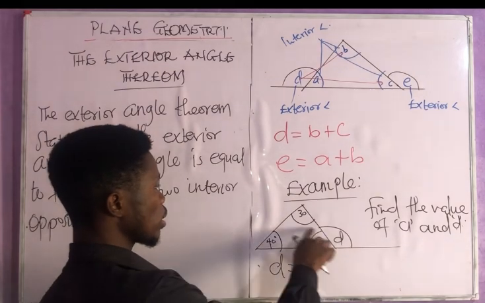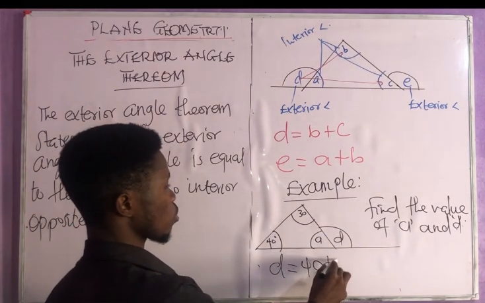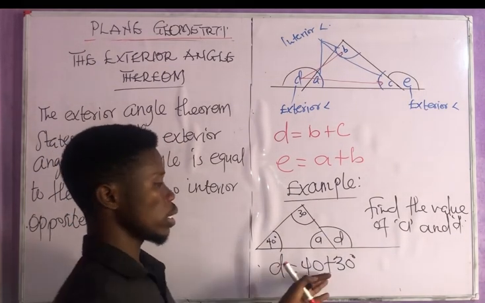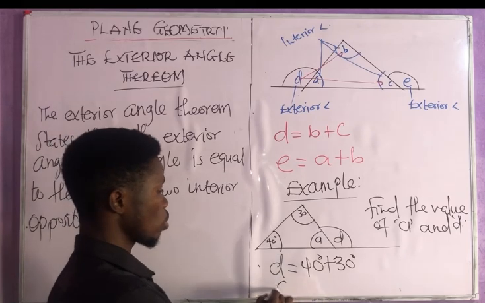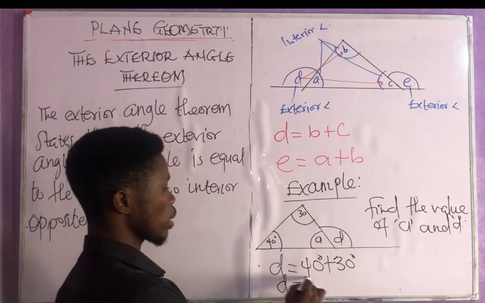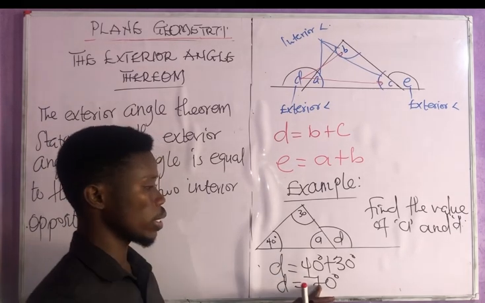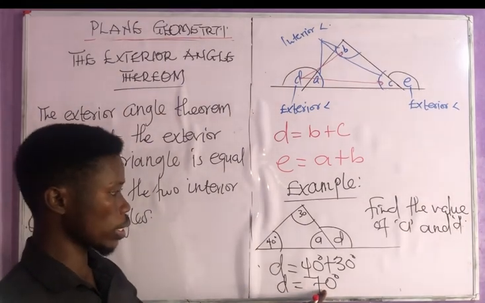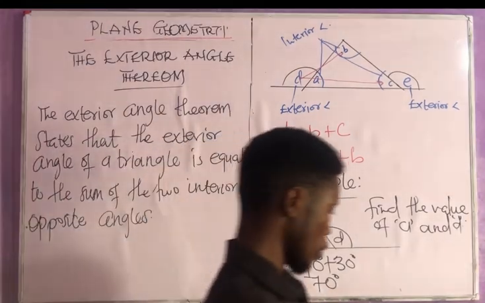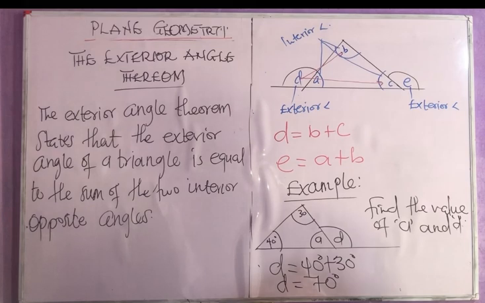So you see this D is equal to 40 plus what? 30 degrees. Is that okay? So it means that our D will give us 70 degrees. I hope it's clear.